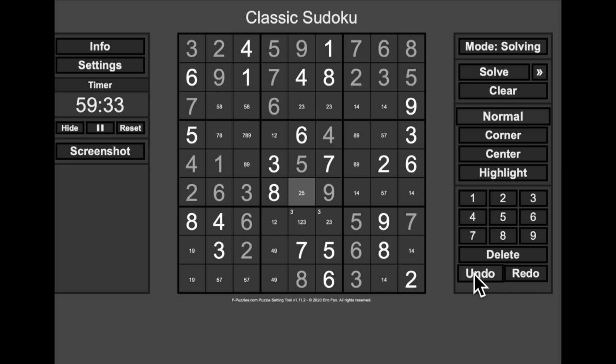Okay, 3-4, 5-6-7-8-9. Well, this can't be, oh, it can't be 2 or 5. This is actually 1 or 2.